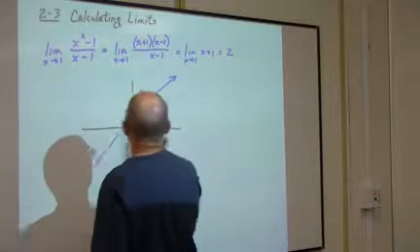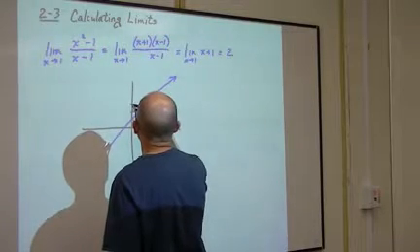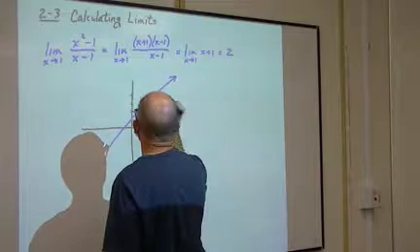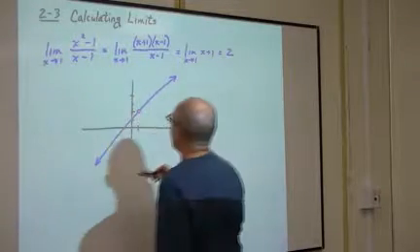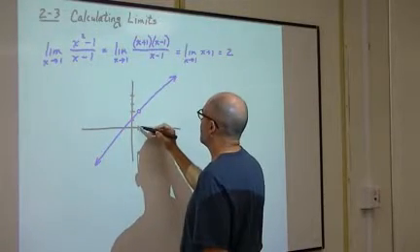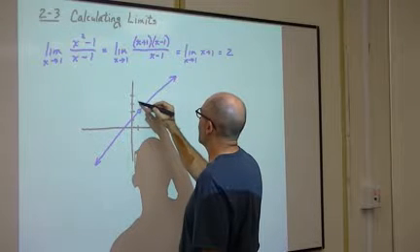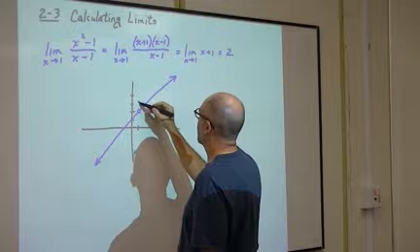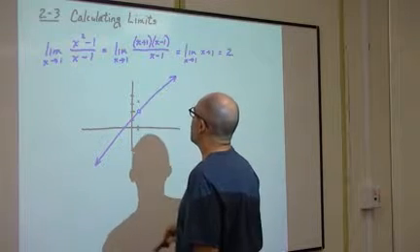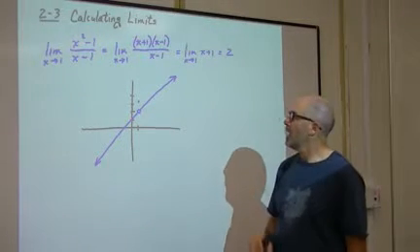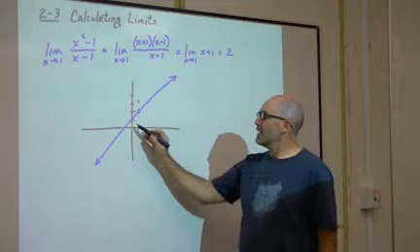So that means at x equals 1, the function equals 3.14159 approximately. So there's my function. Now, what's the limit as x approaches 1?